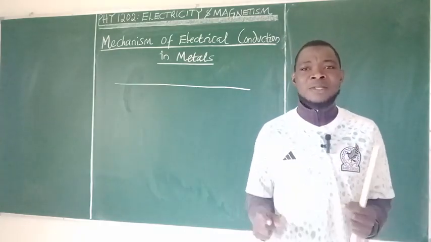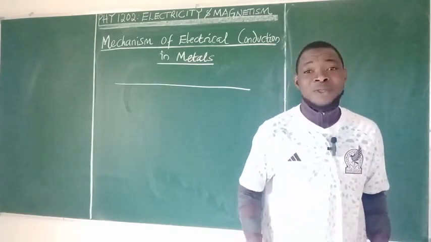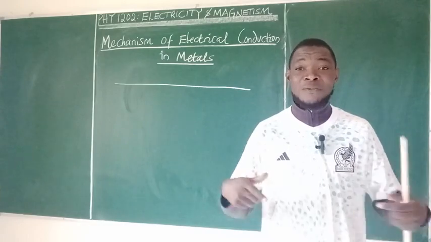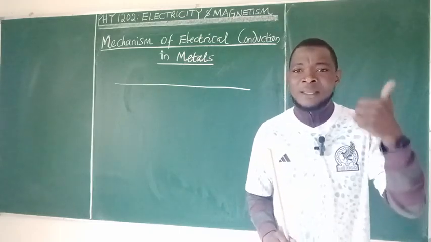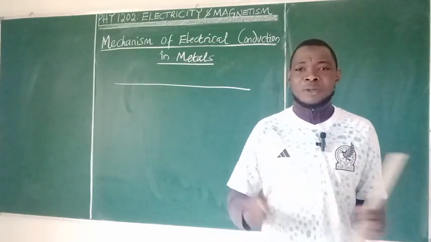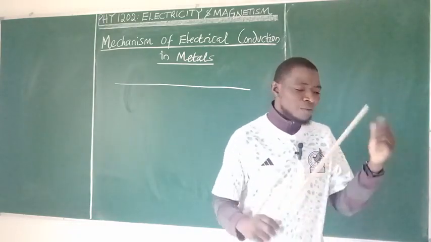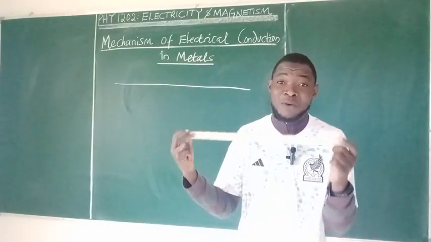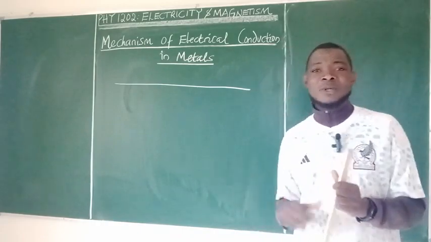These are electrons that are free to move about. They are not bound to the atoms. They are free to move. Each atom contributes one free electron. So in every piece of metal, whether in the form of wire or whatever, you do have free electrons flowing in them.